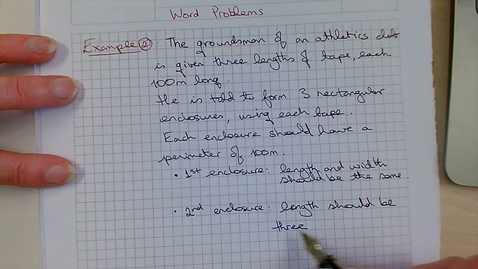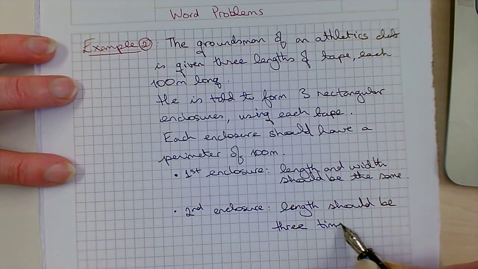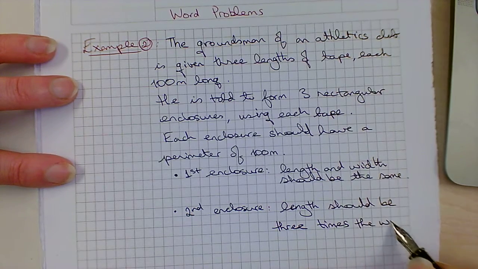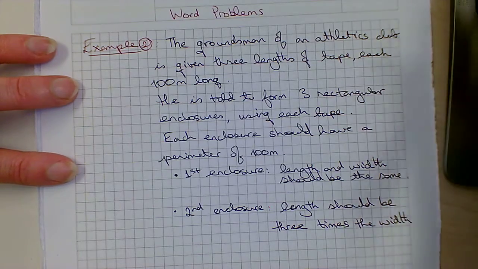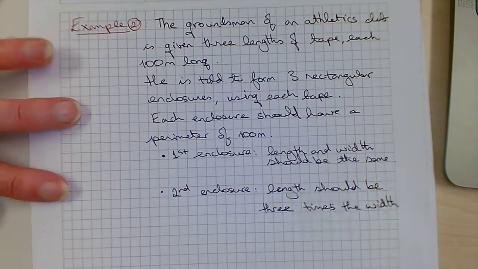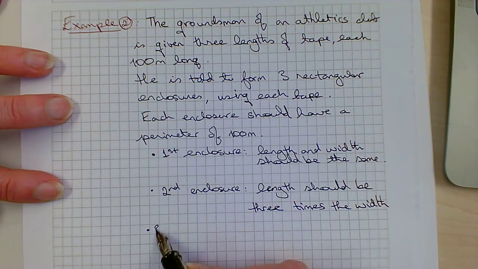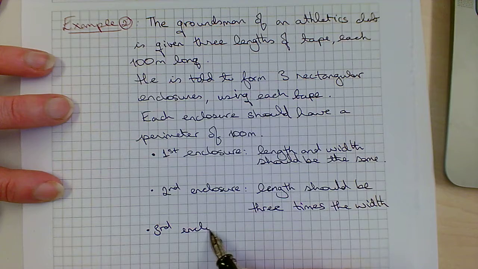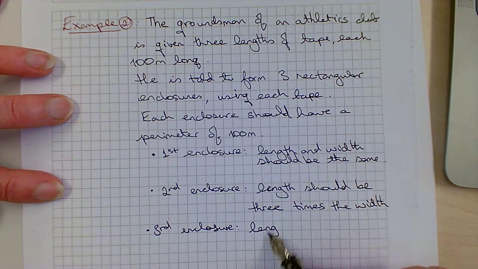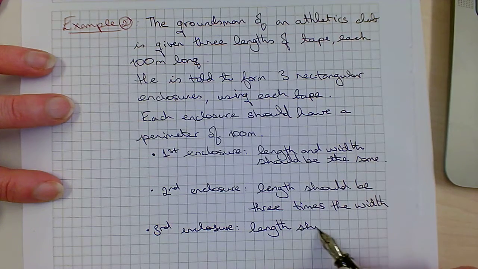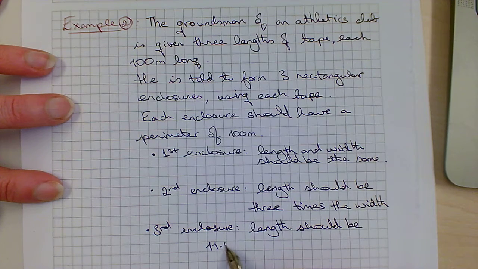So the length should be bigger and it should be 3 times as big as the width. Okay, and for the third enclosure, the length should be 11.5 meters shorter. So this time the length is shorter than the width.